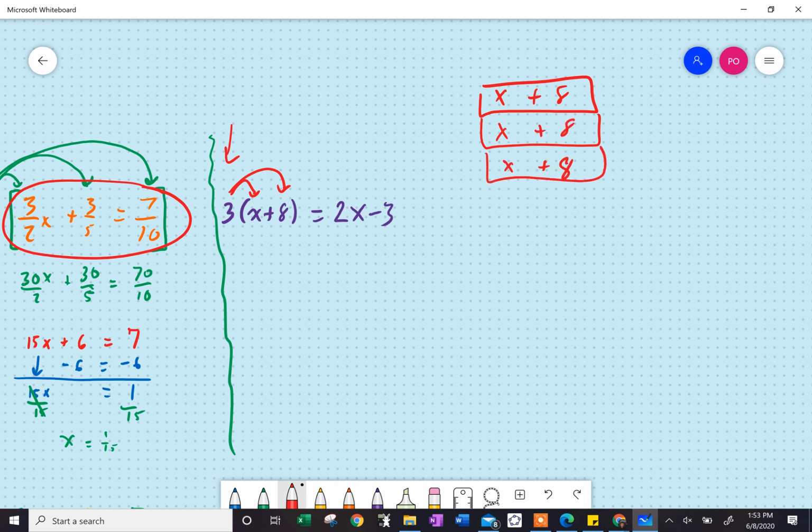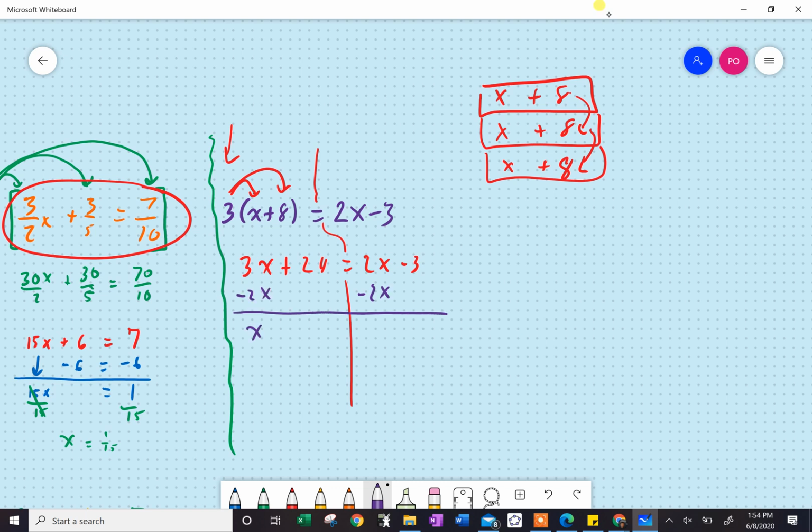And what that really means is I have 3x plus 8 plus 8 plus 8 is 24, equals 2x minus 3. I need all of my variables on one side of the equation. So what I'm going to do is I'm going to subtract 2 x's to the other side, and that gives me x. I didn't touch this positive 24.